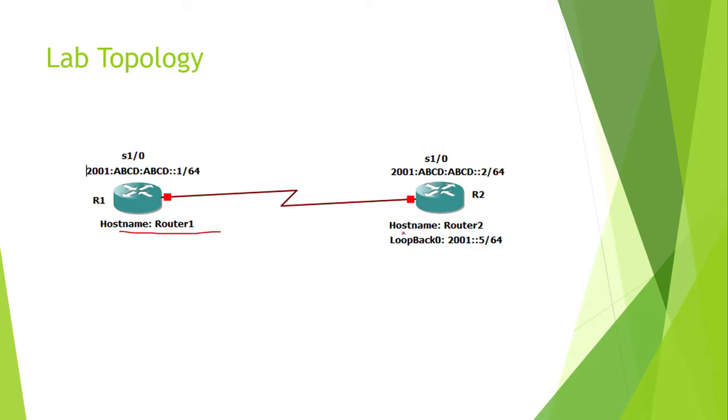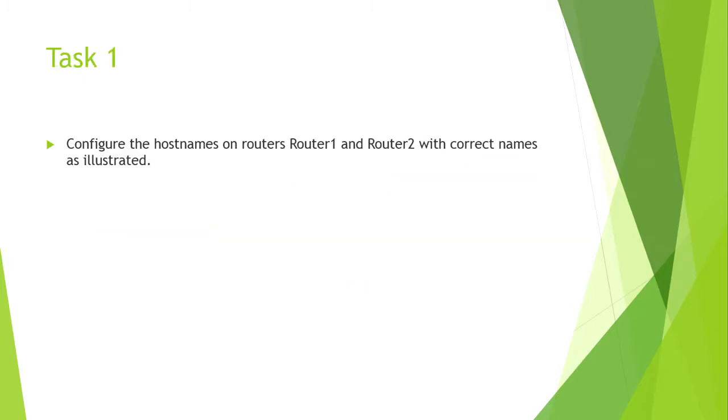Okay, there are two host names, router 1 and router 2, and the IP address starts from 2001 and ends with 1/64 to 2/64 with serial port 1/0. You can see it over here in R1 and R2 respectively. Also, there is a loopback address that has to be given to R1.